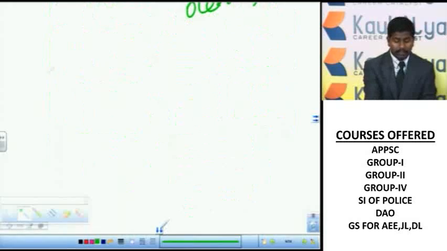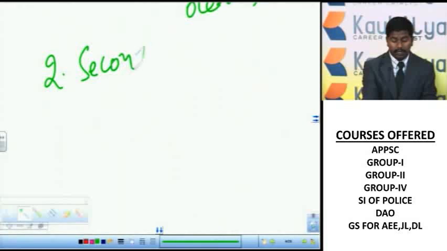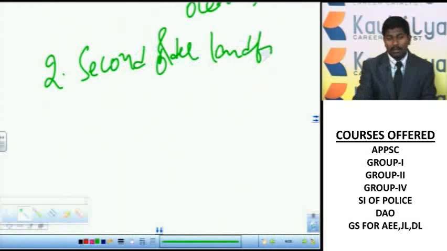Then there are second order landforms. These second order landforms are formed after the formation of the first order landforms.